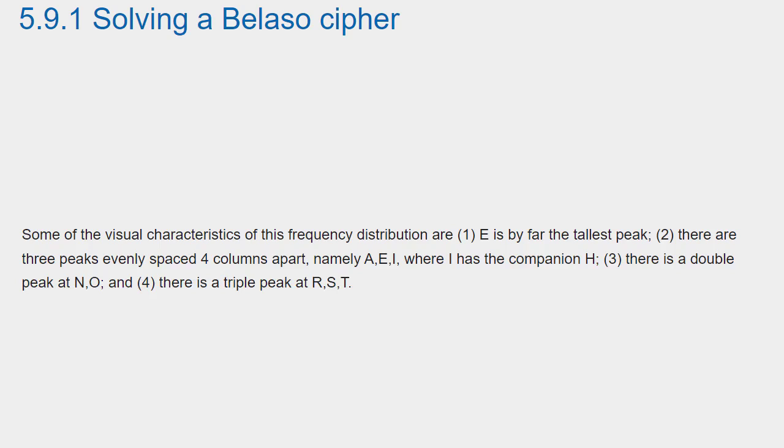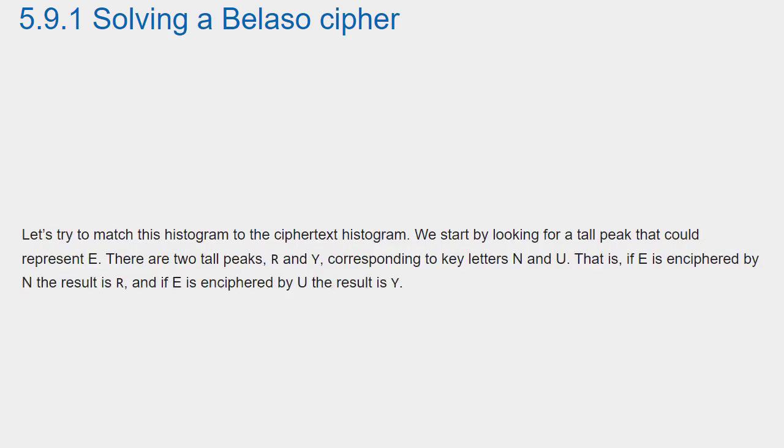E is by far the tallest peak. 2. There are 3 peaks evenly spaced 4 columns apart, namely A, E, I, where I has the companion H. 3. There is a double peak at N, O. And 4. There is a triple peak at R, S, T.